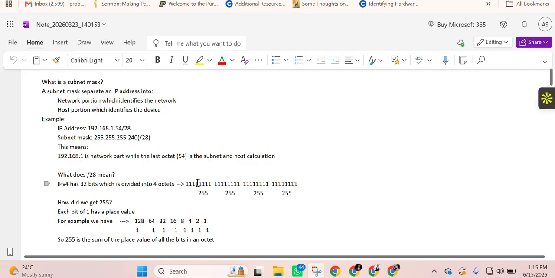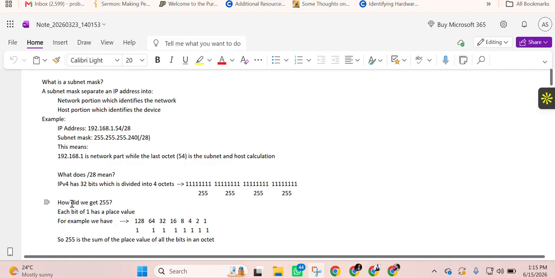We have 4 octets, 1, 2, 3, 4, and again, each octet has 8 bits. Because we have 8 bits of ones, that's why we could have 255, 255, 255, 255. In a case where we have 8 bits of ones and zeros, it's not going to be up to 255.